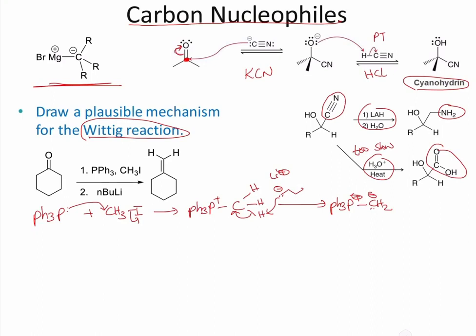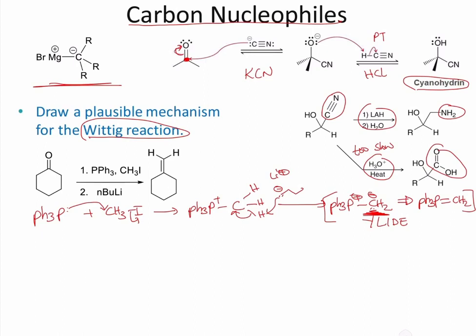This is the same as, or it can be written as, Ph3P+–CH2−. Okay, so this is the same thing. We call this the ylide, and this is the carbanion that you see here, the carbon nucleophile that we are going to use.